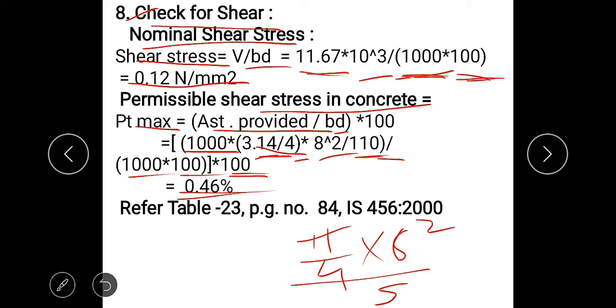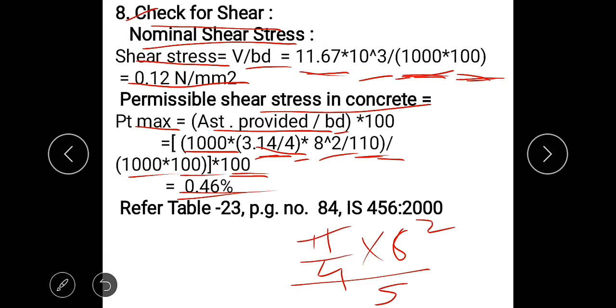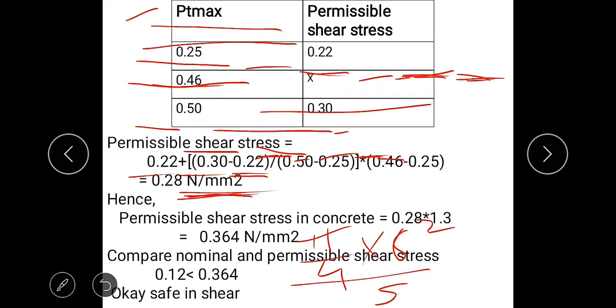So refer page number 84, table number 23, IS 456. From here we calculate the permissible shear stress in concrete. The table gives the maximum permissible stresses and the permissible shear stress. Here our nominal value is 0.12 and the percentage of steel is 0.46%.